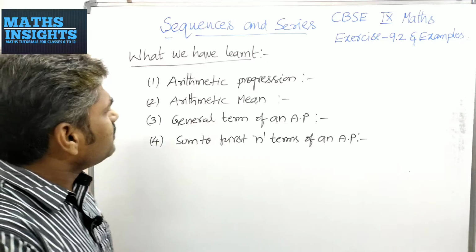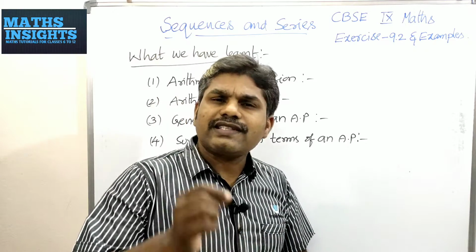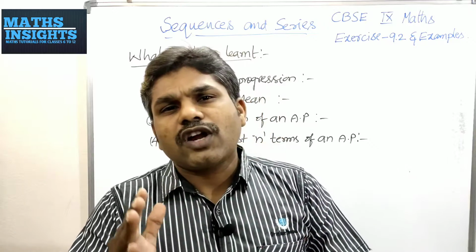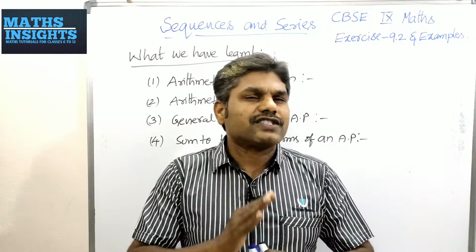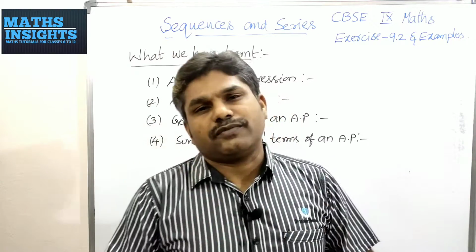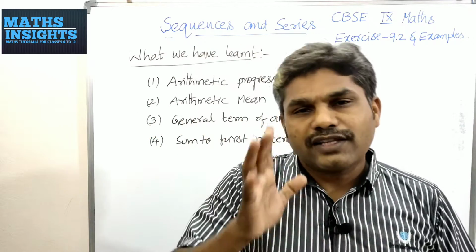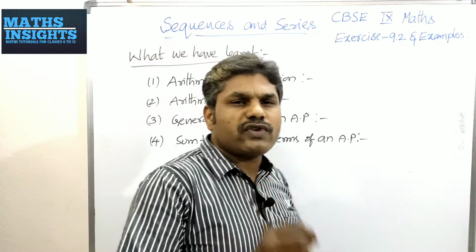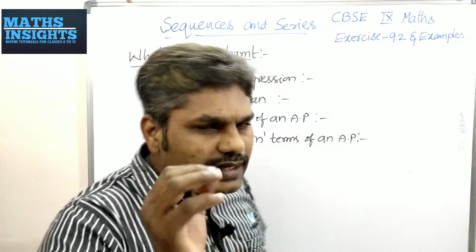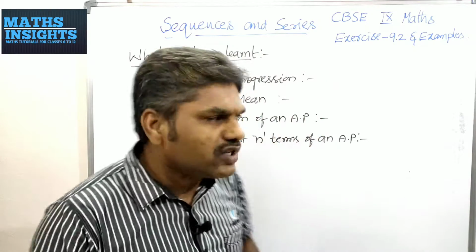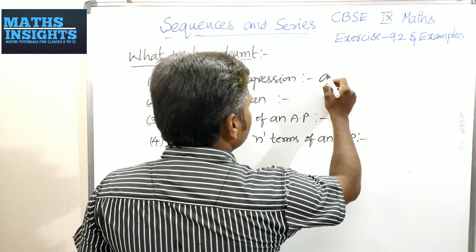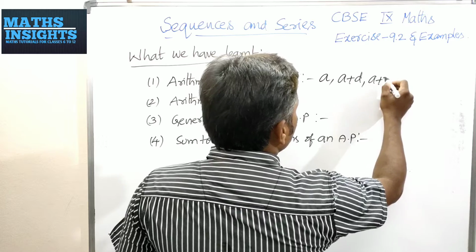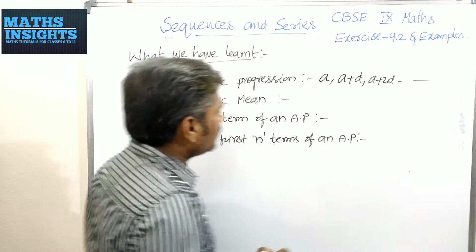Arithmetic progression is a sequence. In a sequence, if the terms are obtained by adding or subtracting a fixed term, that is called an arithmetic progression. If a is the first term of an arithmetic progression and d is the common difference, then you can write the terms of the progression as a, a plus d, a plus 2d, and so on.